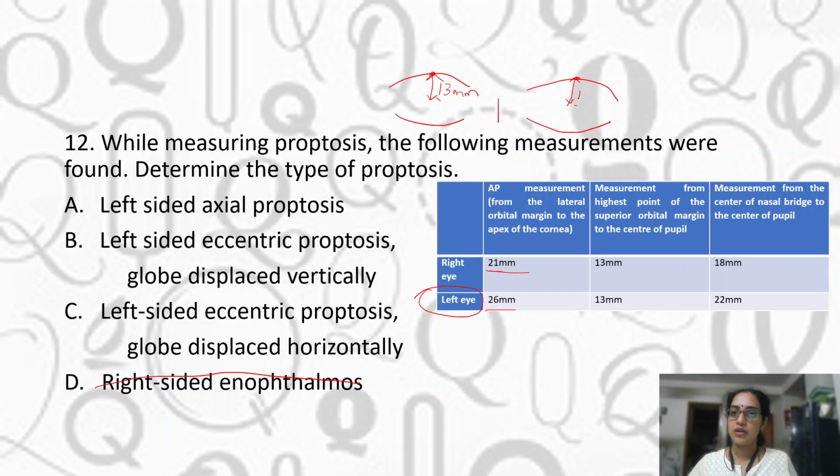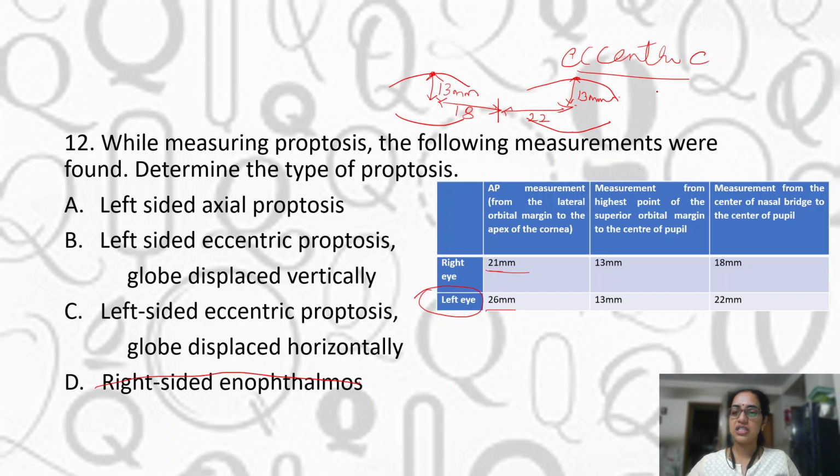And measurement of the center of the nasal bridge to the center of pupil. This measurement they say is 18, and in this eye it is 22. So we know that even though this is same, this is a little more. So the left eye has got eccentric proptosis.